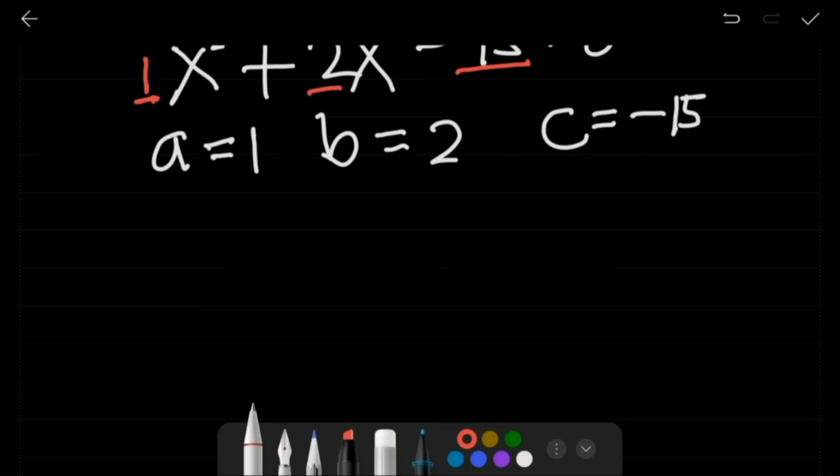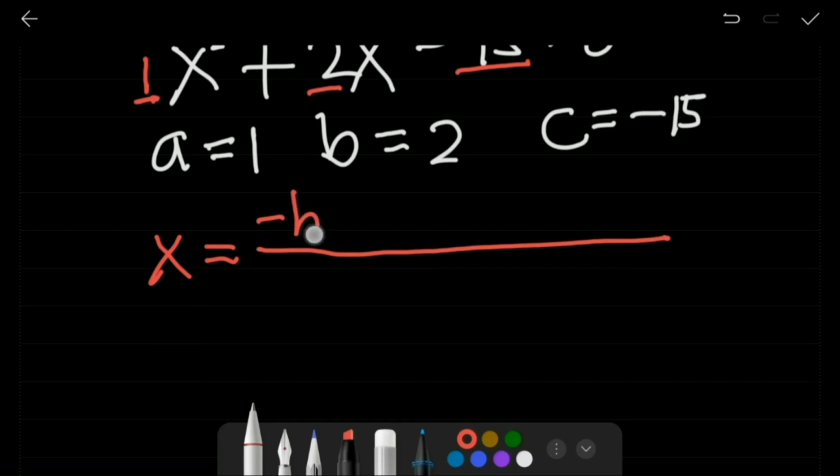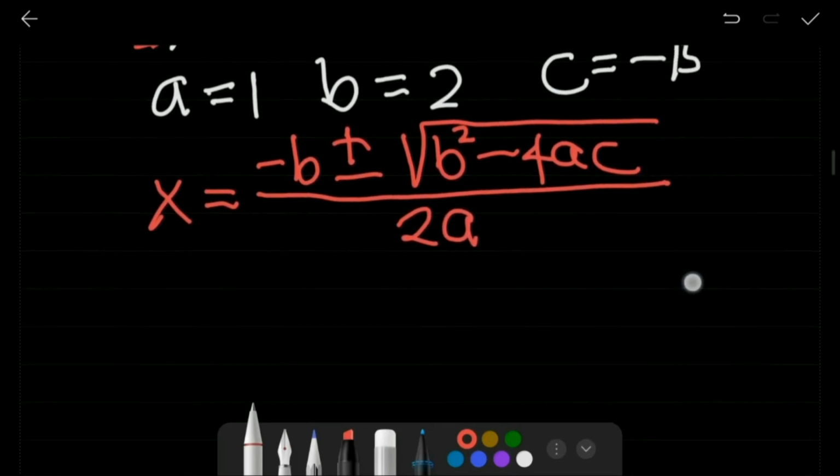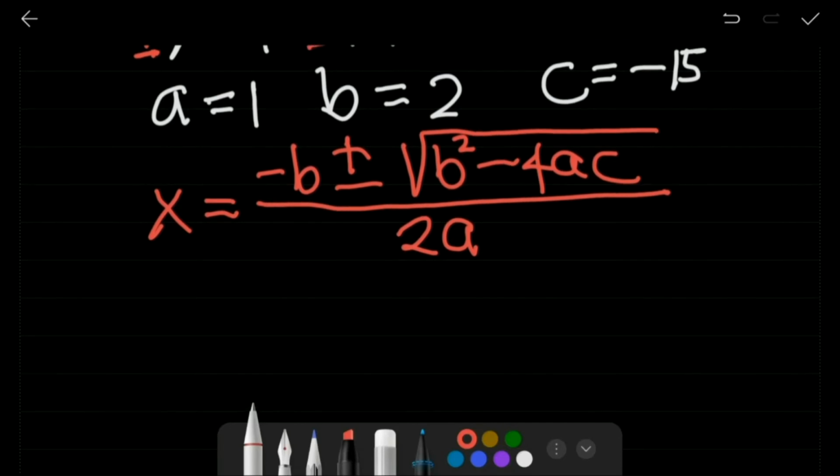The formula for the quadratic equation is x equals negative b plus or minus the square root of b squared minus 4ac, all over 2a. Then we will plug in all the values.